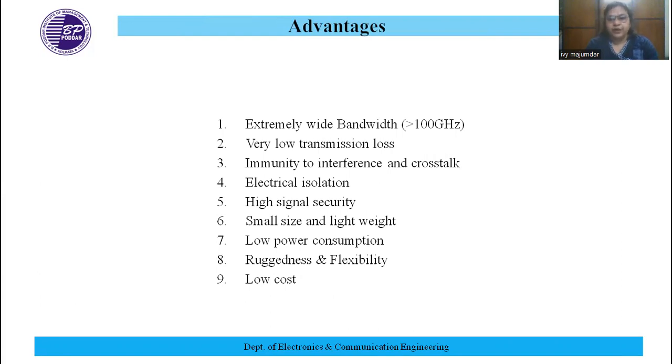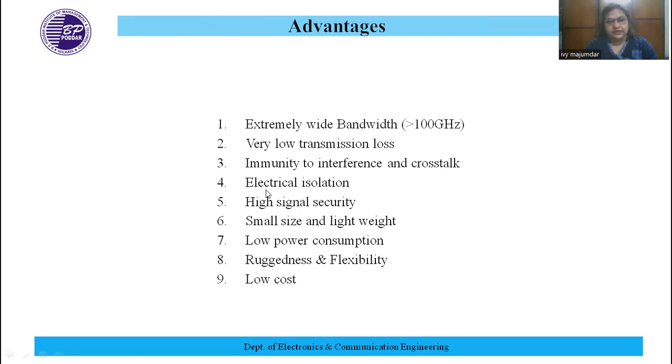Using fiber optic communication at a time, we can send about 500 video channels simultaneously. Second is, in optical fiber communication system, as data transmitted through fiber following total internal reflection, the loss is very low. Third point is immunity to interference and crosstalk.